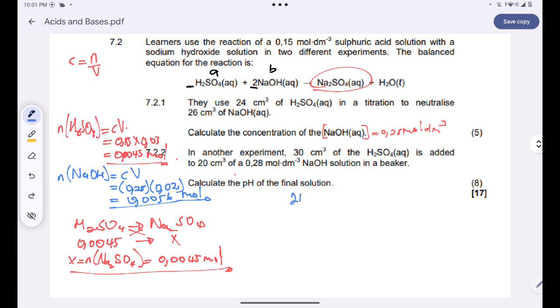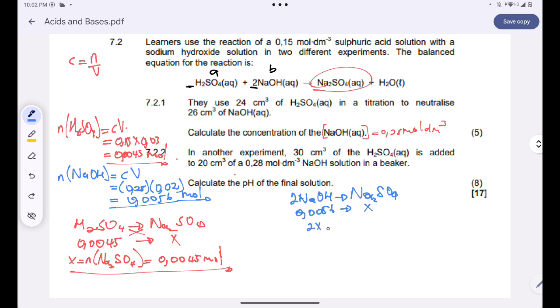Let me check for the base. I know that 2 moles of my sodium hydroxide will give me 1 mole of sodium sulfate, but now I have 0.0056 moles. I want to know how much of the sodium sulfate will I form. Just cross multiply.